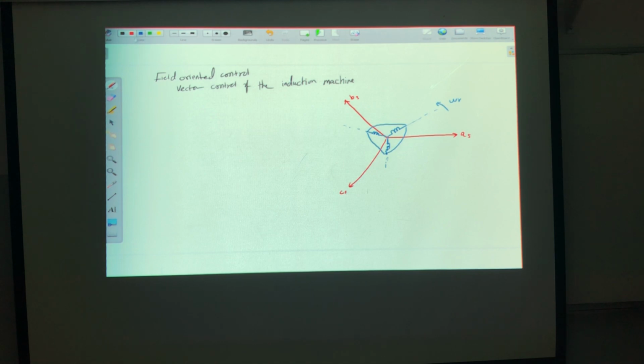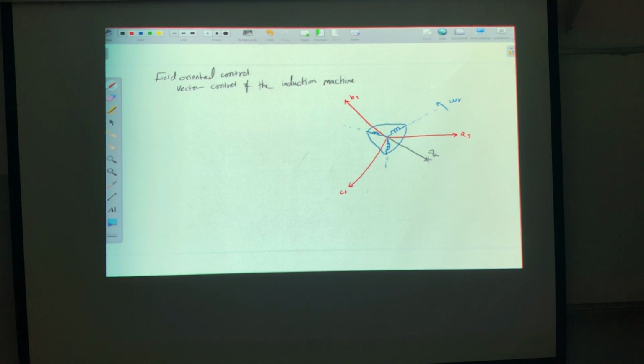Now, in general, there will be a flux. Let's assume that this is the direction of the flux, lambda R. Now, I have the freedom to assign the reference frame. In theory, I can put it anywhere.